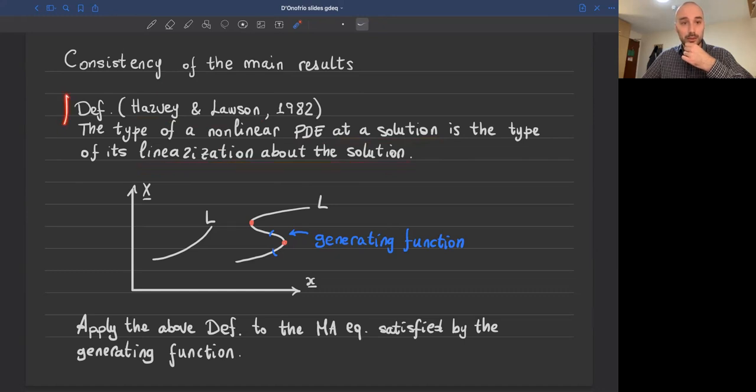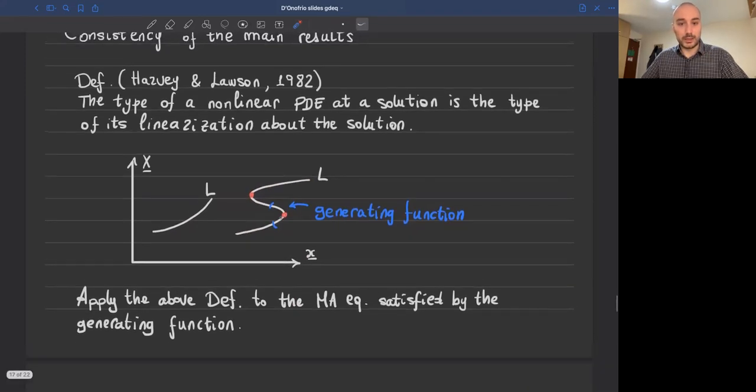We will need this linearization definition in order to define the symbol type of a Monge-Ampère equation at a solution. Of course, this definition works only for classical solutions, because when we have a multivalued solution, we can't carry out any linearization anymore.